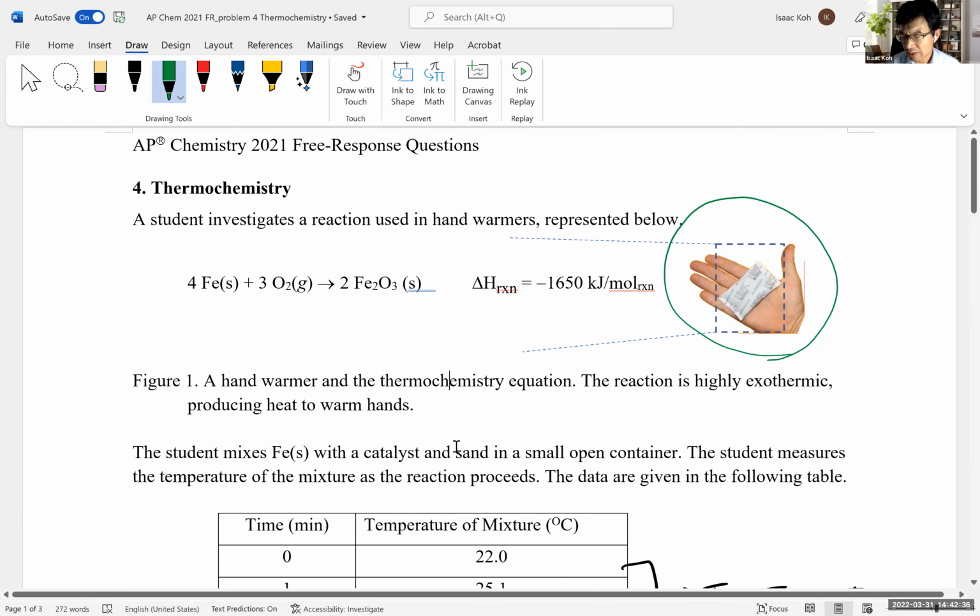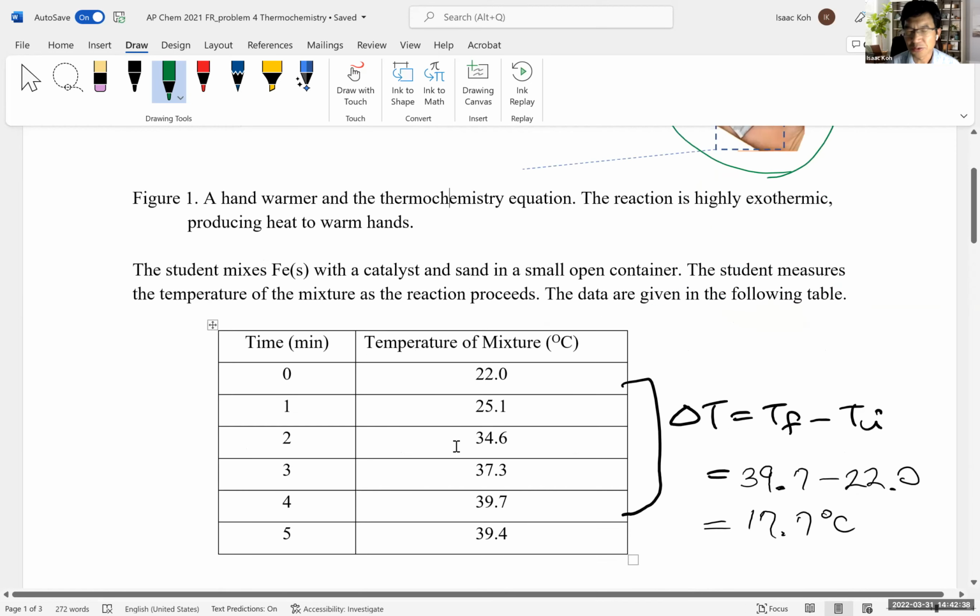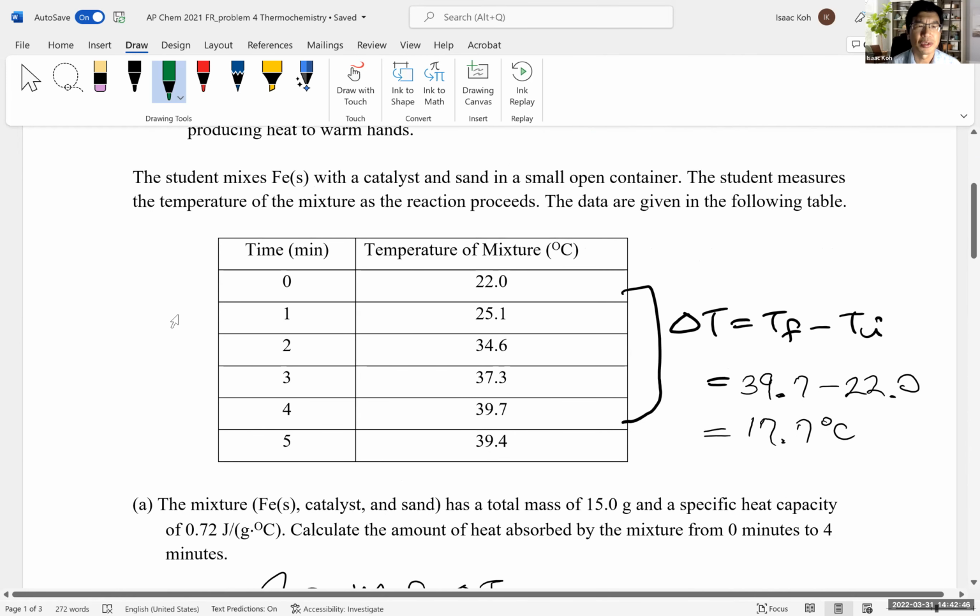Now, the student mixes iron with a catalyst and sand in a small open container. The student measures the temperature of the mixture as the reaction proceeds. The data are given in the following table.